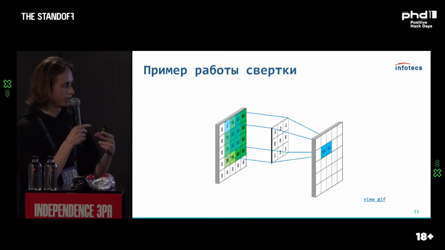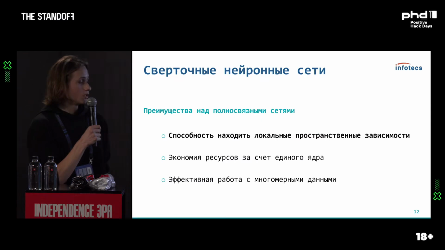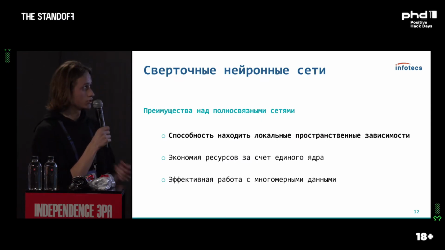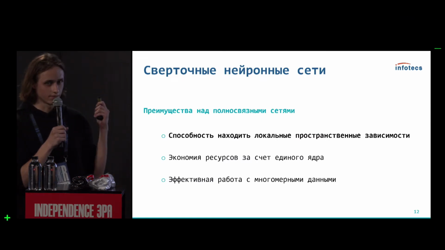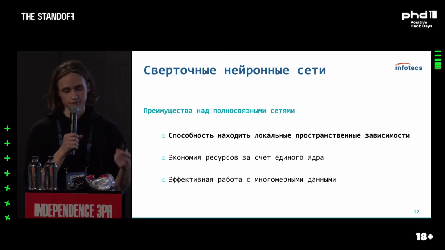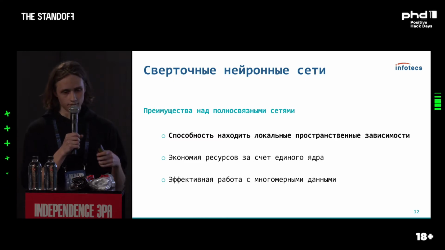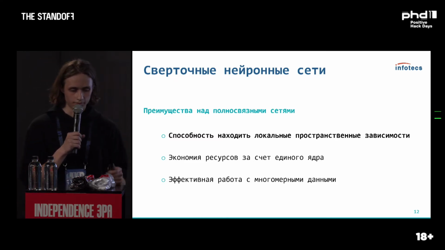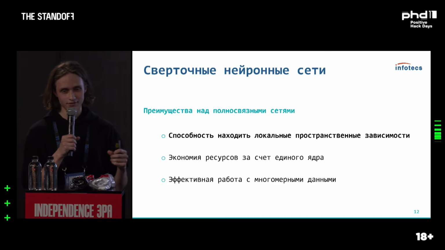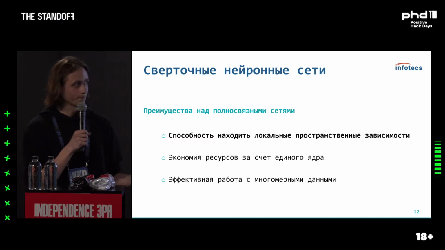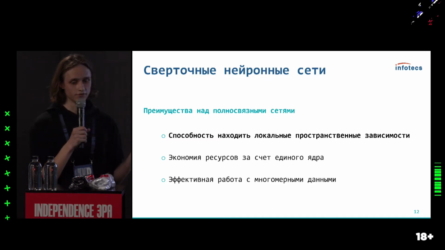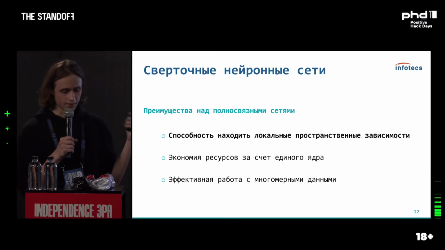What advantages do we get using convolutional neural networks? First of all, it's the ability to find local and global spatial dependencies. That's exactly what we need, because we would like to find the dependencies in the time series, and we also save resources.